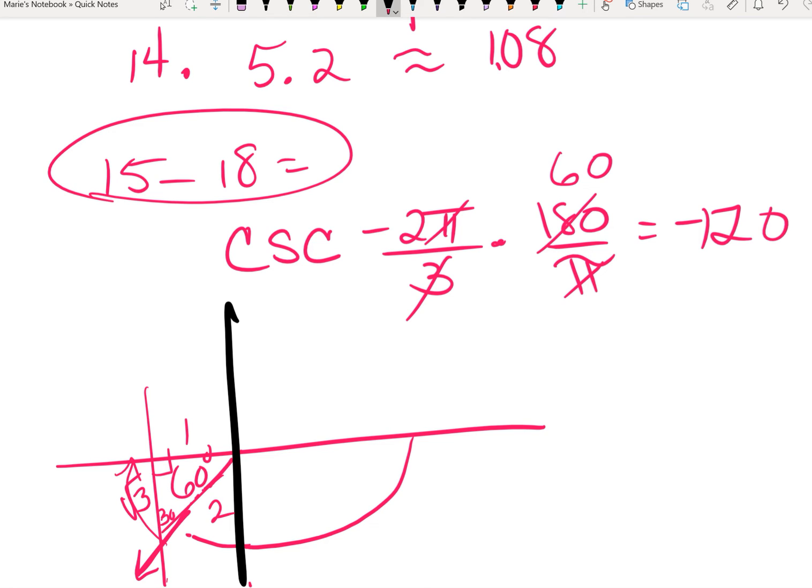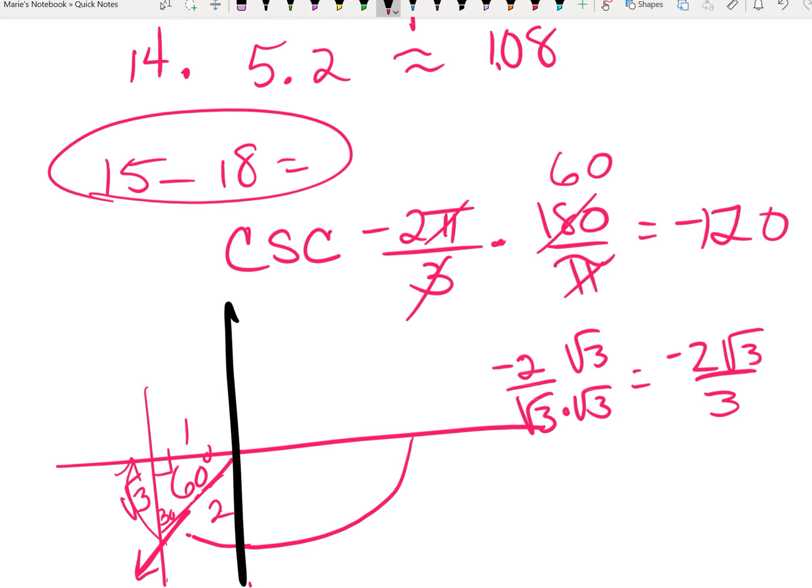Alright, and so in this case, if I'm trying to locate the value, I'm going to end up with negative 2 over square root of 3, but I'm going to rationalize this. So I'm going to multiply square root of 3 over square root of 3 to get negative 2 square root of 3 over 3.